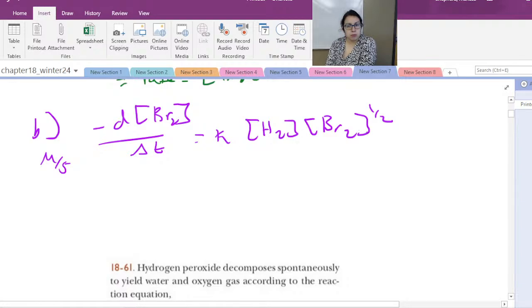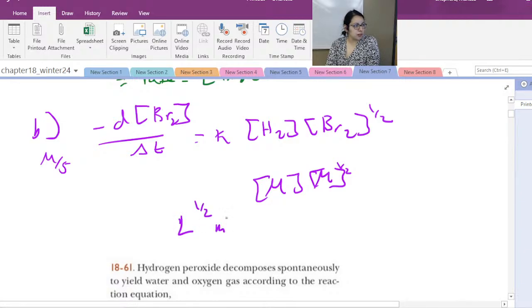And then we have a bunch of weird things going on here. So we have molarity to the 1/2, and that means to get rid of it, our K has to have liters to the 1/2, molarity to the negative 1/2, and then per second.